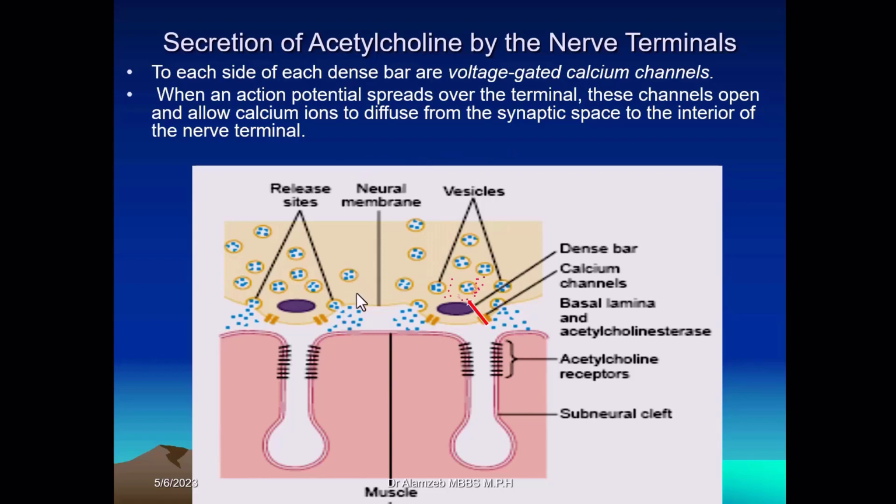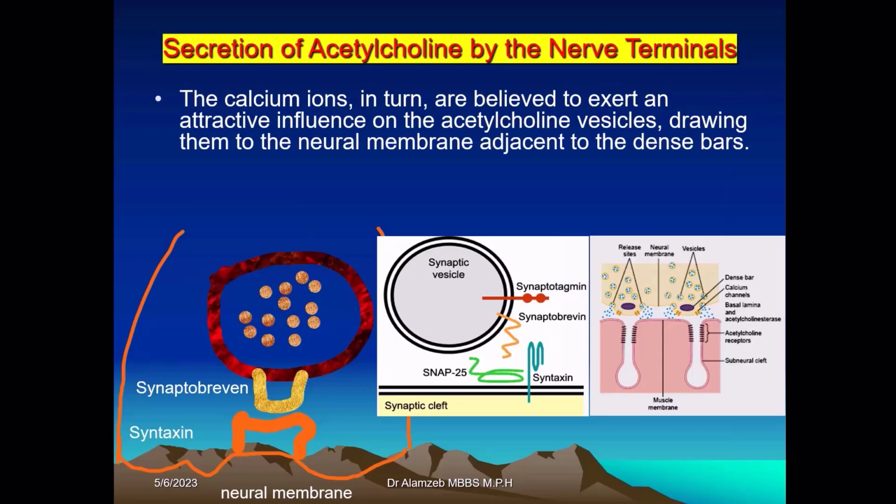When the action potential arrives in the nerve terminal, these channels open and calcium rushes from the synaptic space into the nerve terminal cytoplasm. The calcium ions in turn are believed to exert an attractive influence on the acetylcholine vesicles, drawing them to the neuronal membrane adjacent to the dense bar.